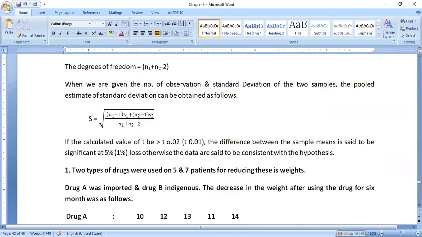While we are discussing the problem, you will get clarity. The next important point is here, a very important point. Please focus on these two lines.